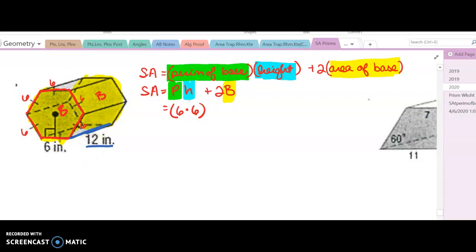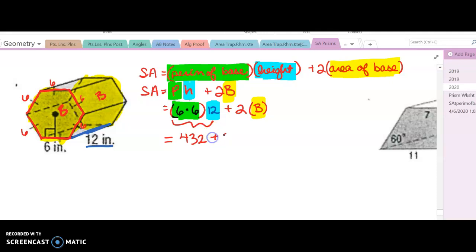We already said that our height was 12, plus 2 times area of the base, 2 times big B. So just to be clear, this was the height, this was the P, the perimeter of the base, this is the area of the base. I'm going to go ahead and do 6 times 6 times 12 in my calculator, and that part is 432. That's the lateral area, the perimeter of the base times the height.